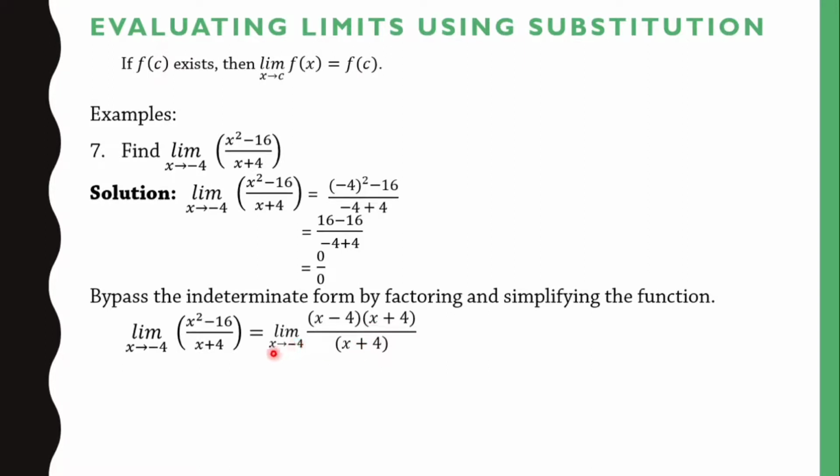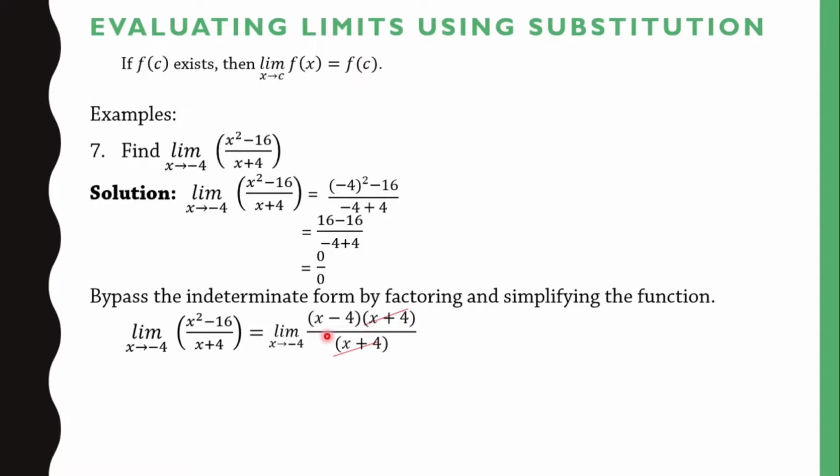So the expression now is limit of x minus 4 times x plus 4 all over x plus 4 as x approaches -4. Now we have a common factor of x plus 4, so we will cancel that out. So cancel x plus 4 in the numerator, and we also cancel it out in our denominator. Now, we have x minus 4 in our numerator and 1 in the denominator.